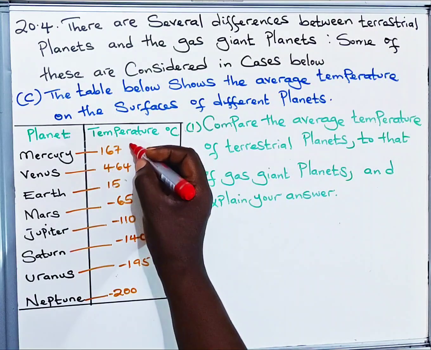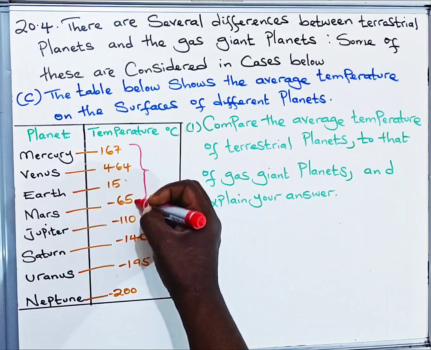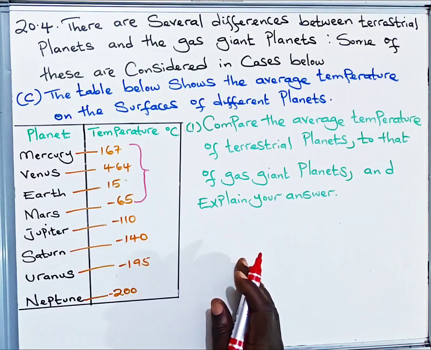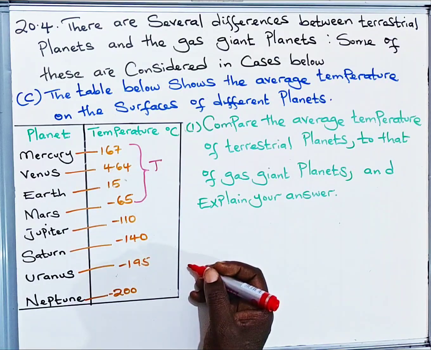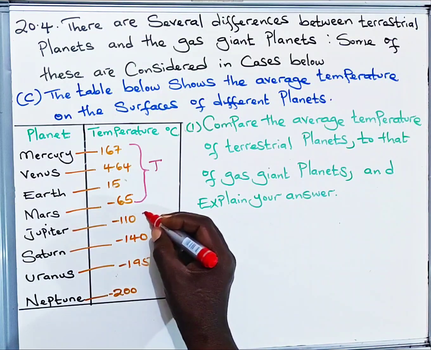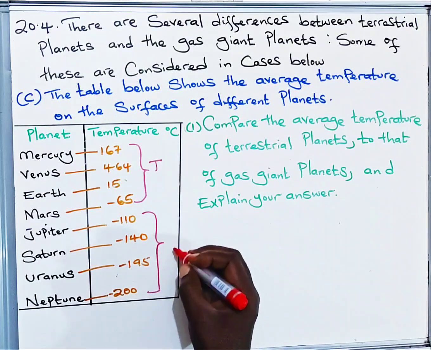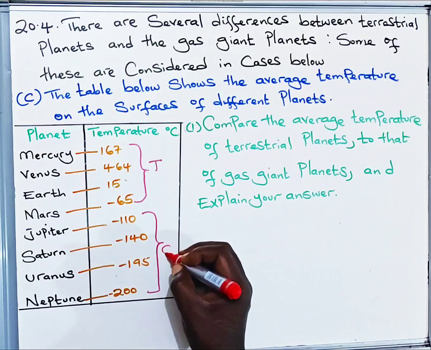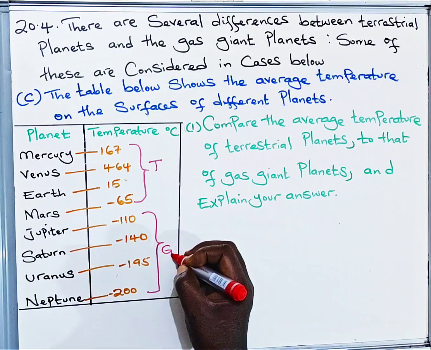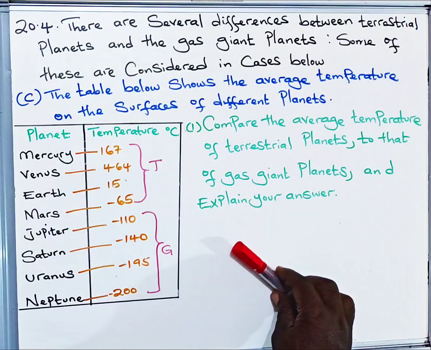So we know that these first four, from Mercury to Mars, are terrestrial, and these last four, from Jupiter to Neptune, are gas giants. And yes, we are comparing the temperatures.